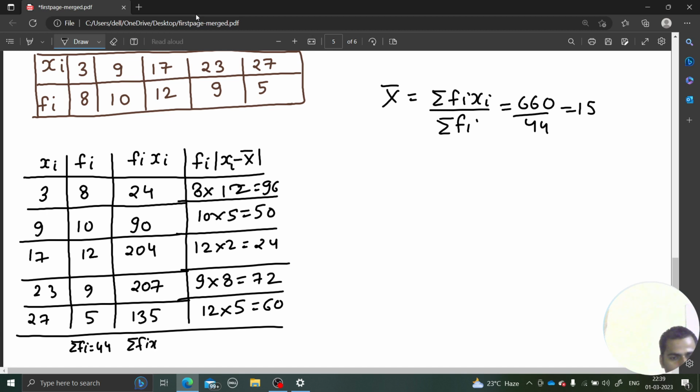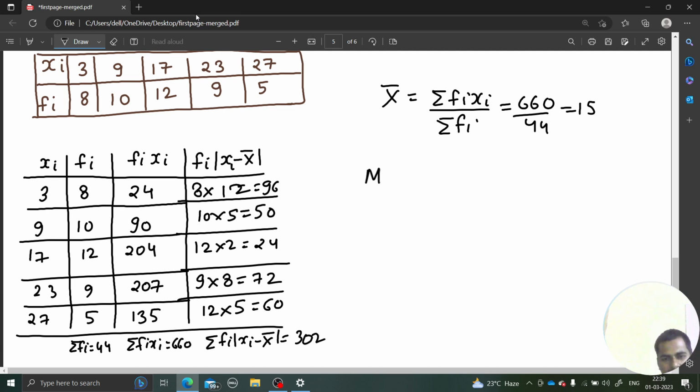Summation fi xi was nothing but 660, and this summation fi modulus of xi minus x bar is coming out to be, let's see what it is coming. So 96 plus 50 plus 24 plus 72 plus 60, it is coming out to be 302.